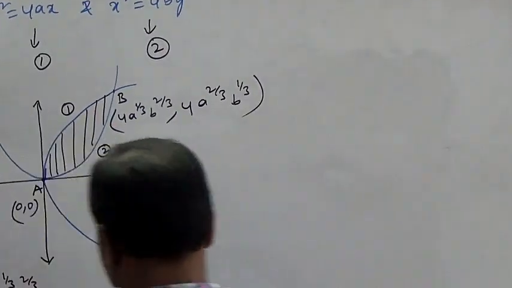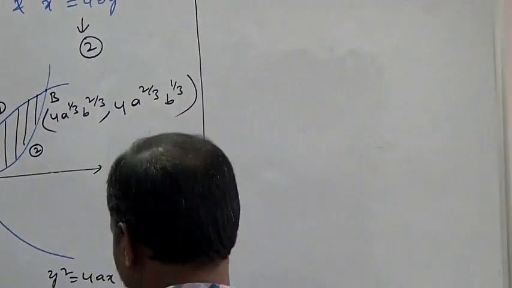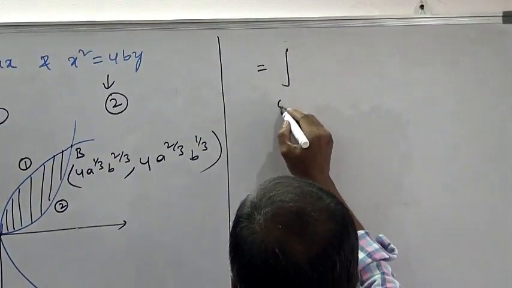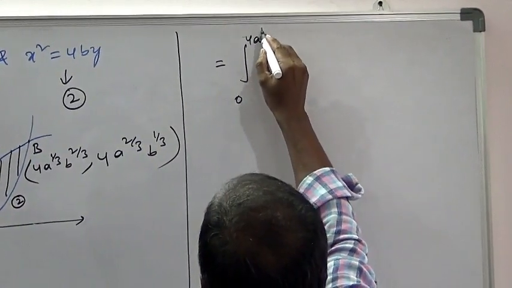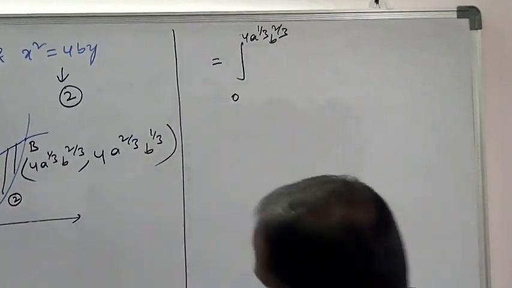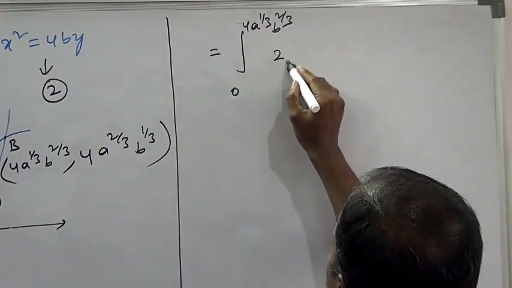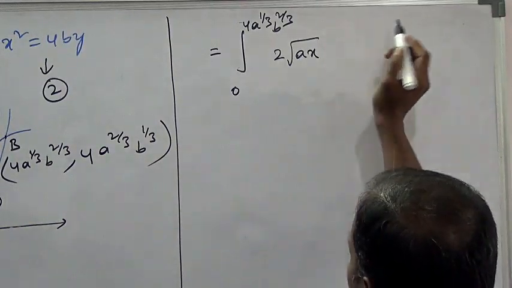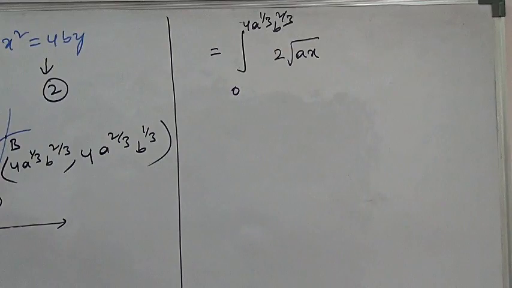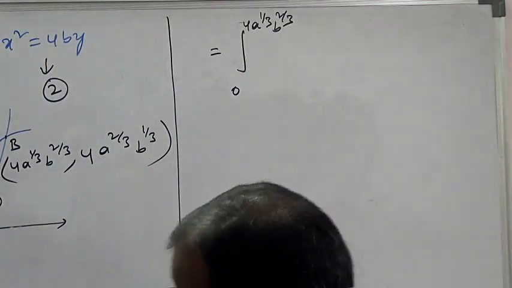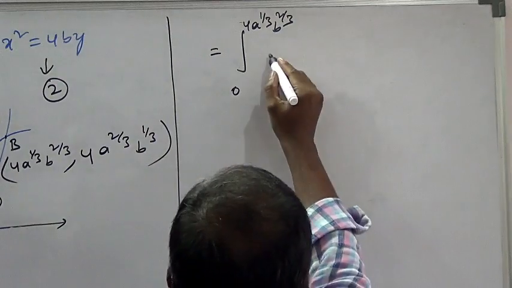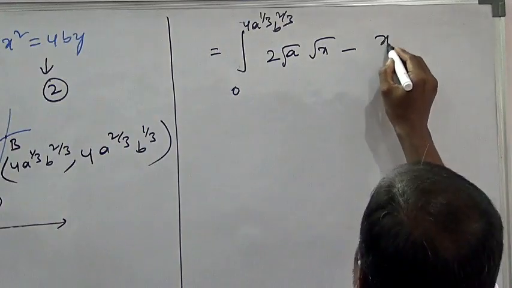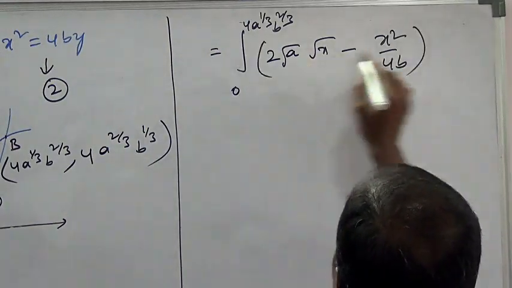Now this is equal to the integral from 0 to 4a^(1/3) b^(2/3) of 2 root ax, take a also outside, 2 root a into root x, minus x square by 4b, dx.